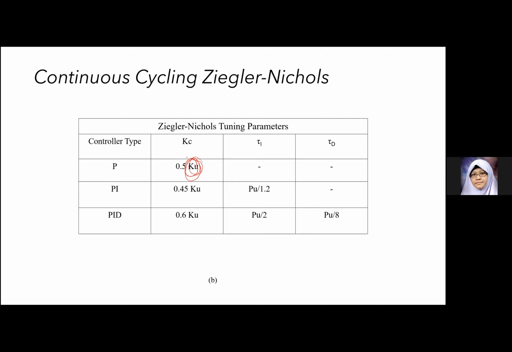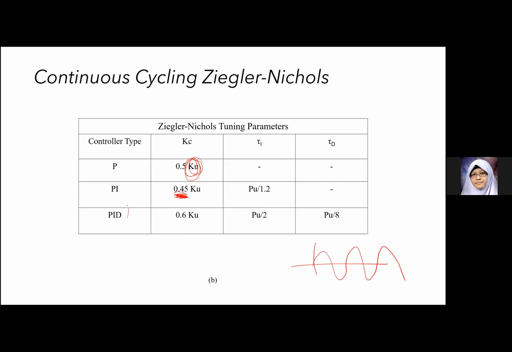Okay, the ultimate gain is where you have the process at ultimate stability. The critical stability, the ultimate gain. So for P control, you cut it in half. For PI controller, because it's easier to become unstable, we multiply it by a smaller number, 0.45.